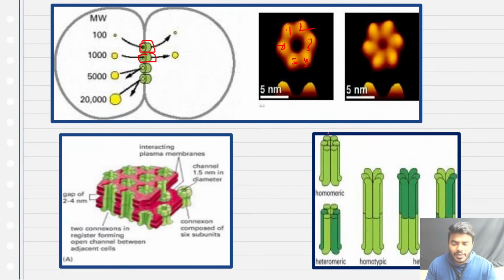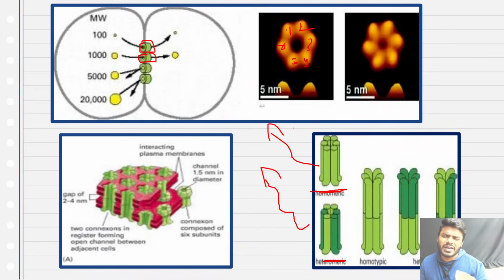Everyone has to remember that these connexins can be of the same type and these connexins can also be of different types. Friends, if the connexins are of the same type, we call it homomeric. If the connexins are of different types, we call it heteromeric.